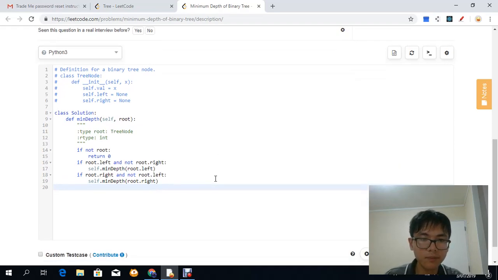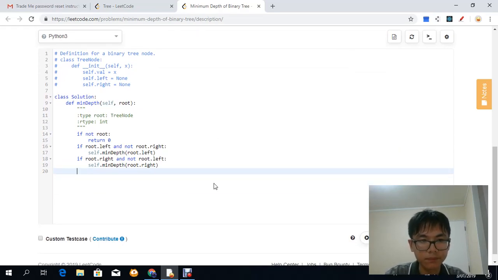After this, what's the condition left, which is the left side and right side both exist. Because we are trying to find the minimum depth, we will find the depth of the left side and the right side, take the smaller, plus 1.